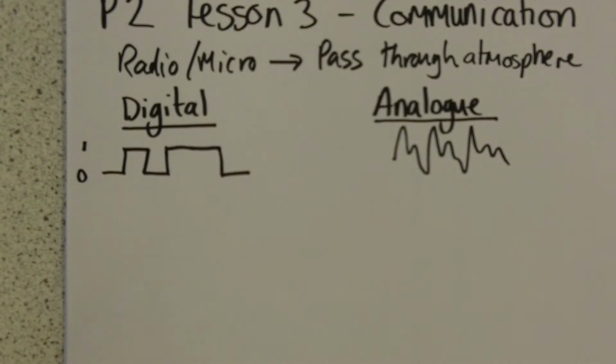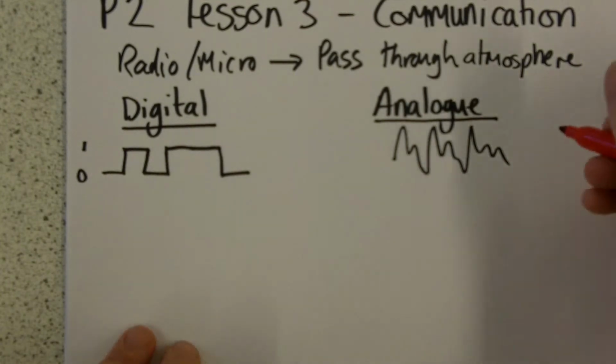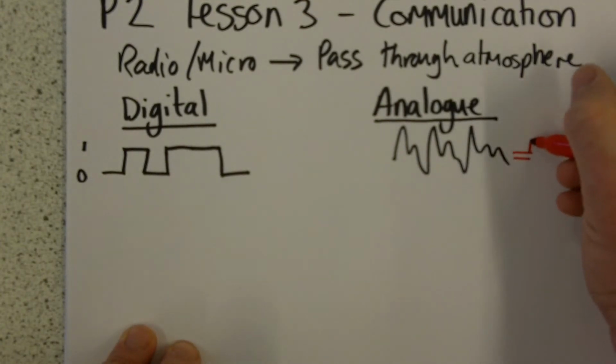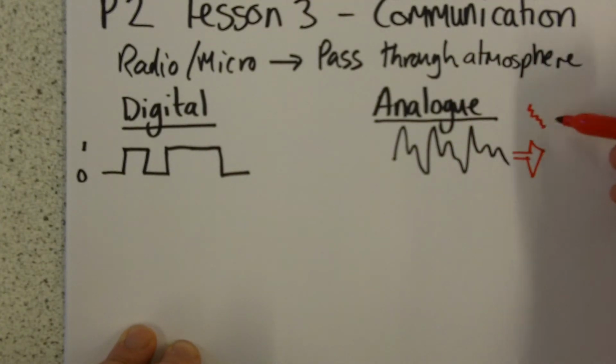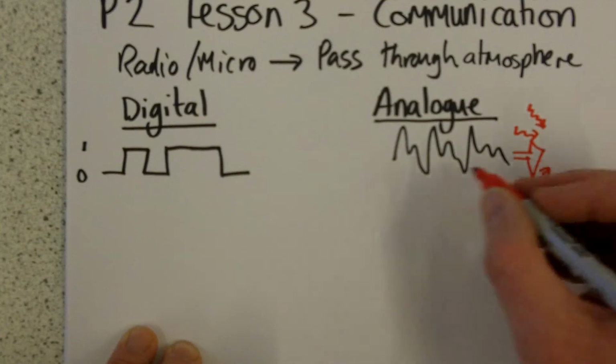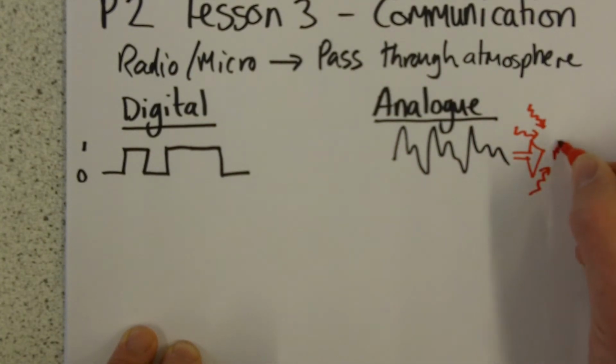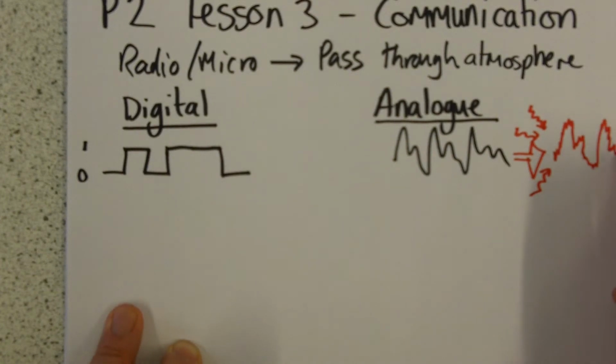Now, if I send an analog wave through the air, when the analog wave arrives, it will have combined with other signals, stray radio signals, whatever they might be from space, cosmic rays for example, and the wave that arrives will have extra information encoded upon it.